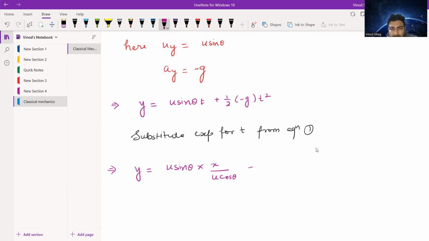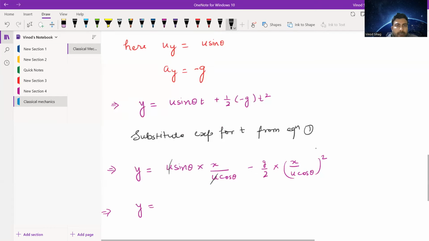So it will be minus half g into, in place of t, I have to write x upon u cos theta, and because there is a square, we have to square it also. So y equals to, here the u and u will be cancelled out.